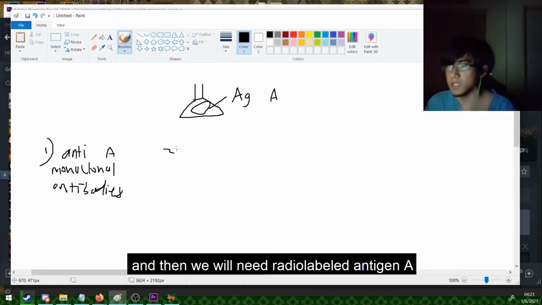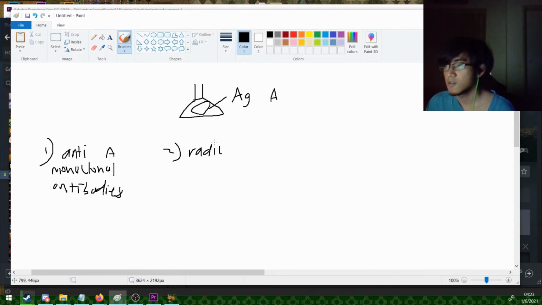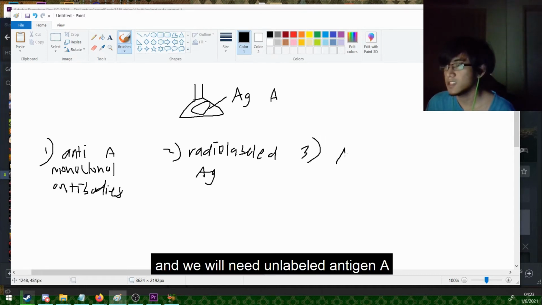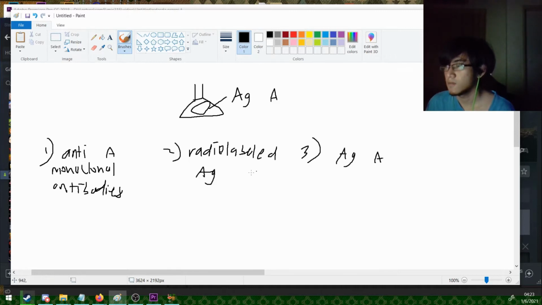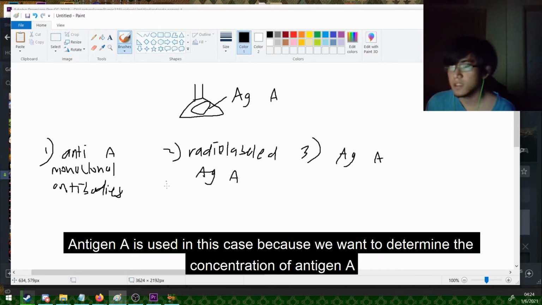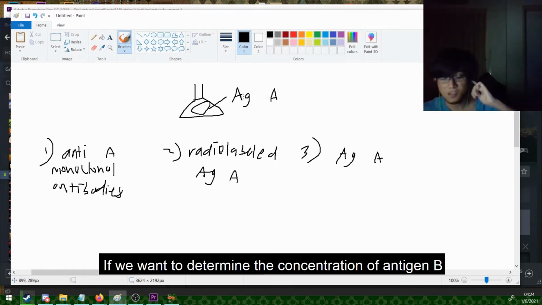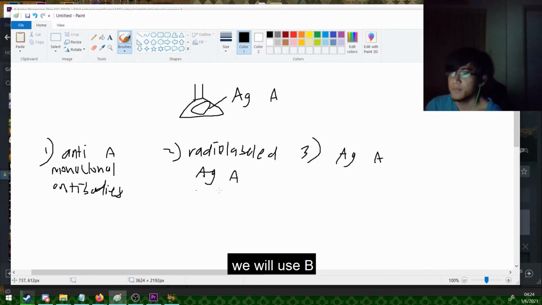And then we will need radiolabeled antigen A. And we will need unlabeled antigen A. Antigen A in this case is used because we want to determine the concentration of antigen A. If we want to determine the concentration of antigen B, we will use B.